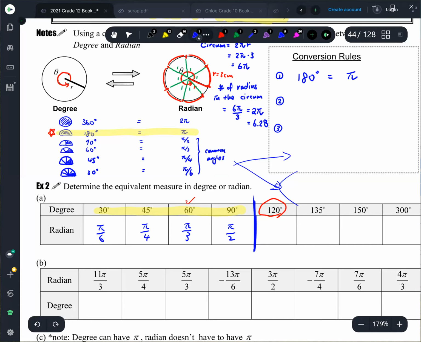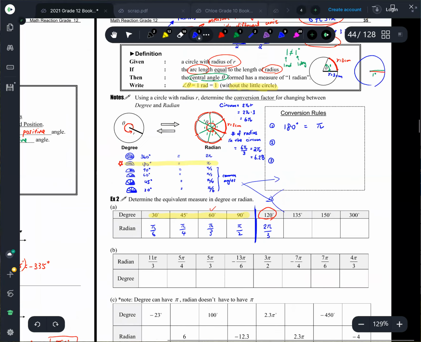So it's like you have 2 slices of the 60 degree. So that makes the radian same thing, you double it. It'll be 2 of the pi over 3. Okay? Pi over 3 is 60. You want 2 of them. So 2 pi over 3. So same thing, you can figure out the other ones.